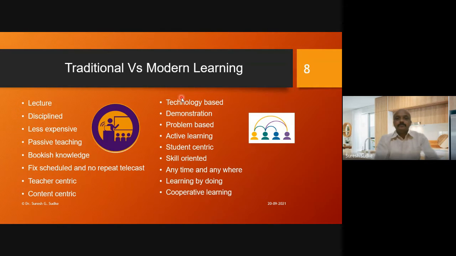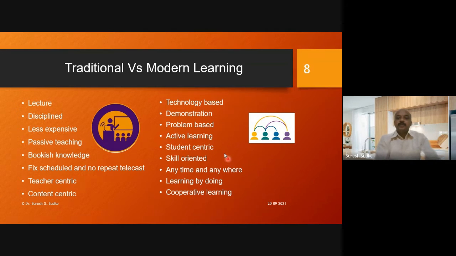But when we consider modern learning tools, it is totally technology based. It involves demonstration and is problem based. It is active learning, with exchange of ideas between student and student, and between teacher and student, and it is totally student centric.